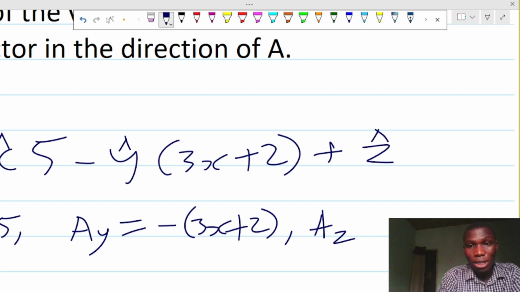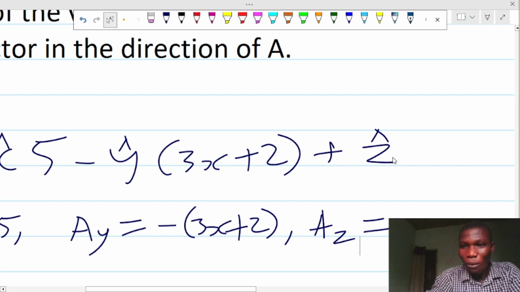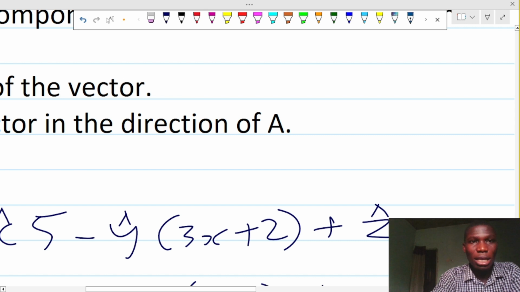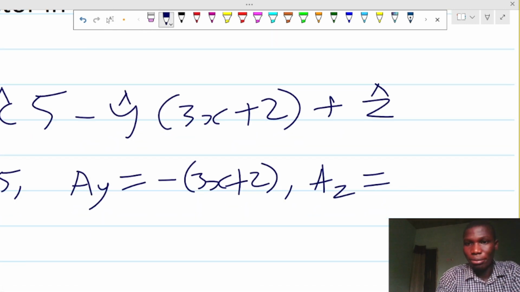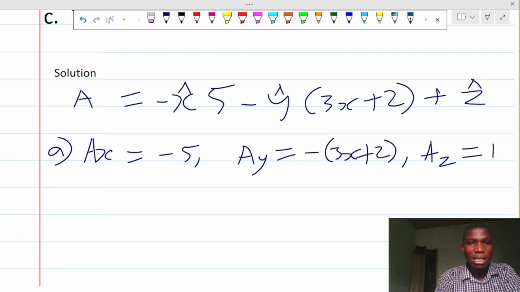Whichever way you call it on your side, you know what we are talking about. What do we have here? What's the value here? 1. Okay, invisible 1. So that's the answer for the A part. Simple as that.